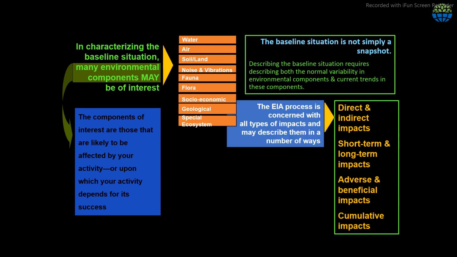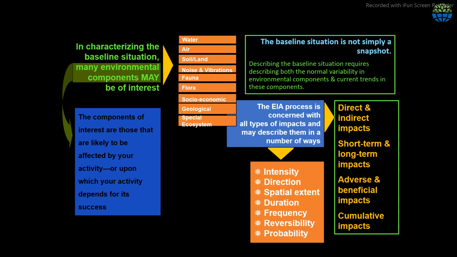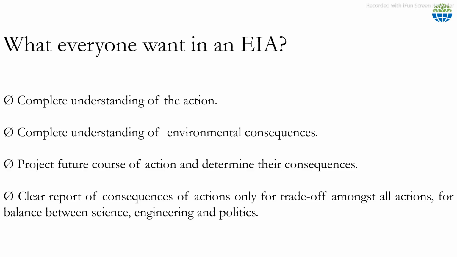These are the major activities to be done for EIA, and we have to mention them under chapter 3. For impact assessment, intensity, direction, spatial extent, duration, frequency, reversibility, and probability, in terms of direct or indirect impact, short-term or long-term impact, adverse or beneficial impact, or cumulative impact due to the developmental activity, should be mentioned in EIA chapter 4.